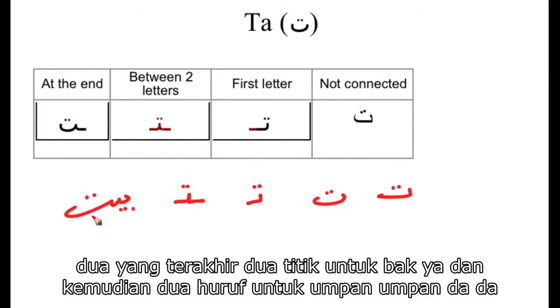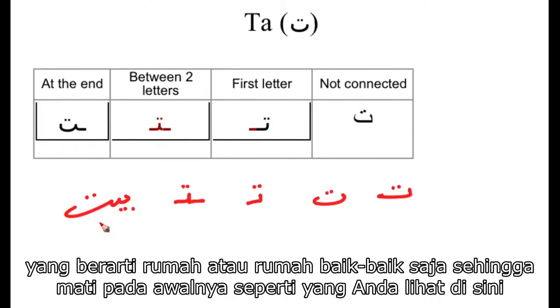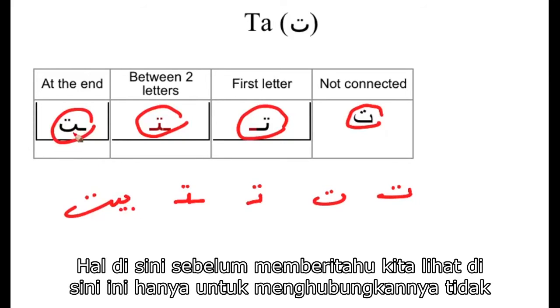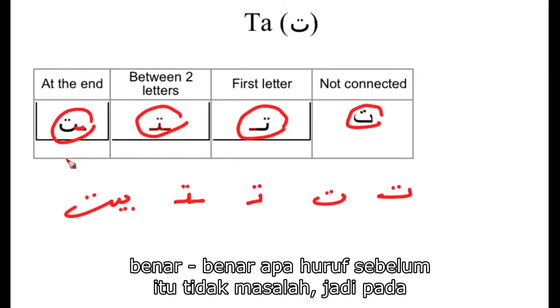Bait, which means home or house. So Ta in the beginning, as you see it here, by itself. Ta as a first letter, Ta as between, and Ta at the end. This little thing here before the Ta is just to connect. It doesn't really matter what the letter before it is.